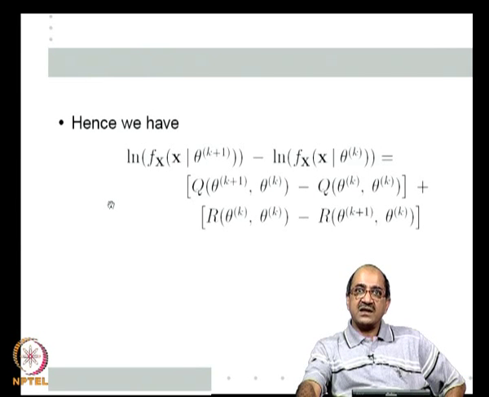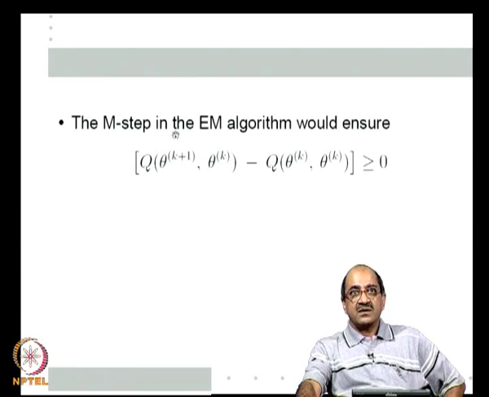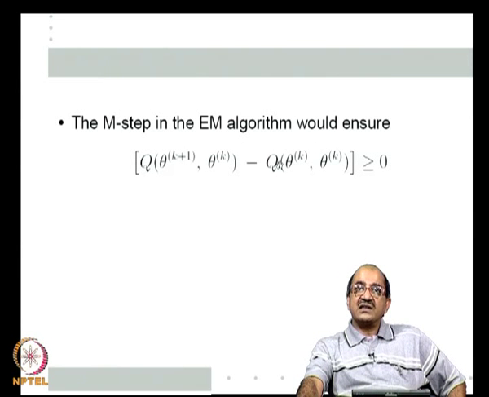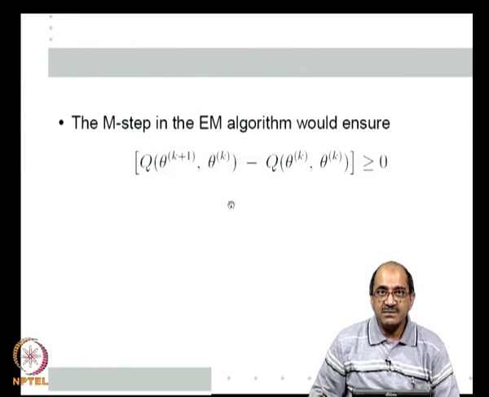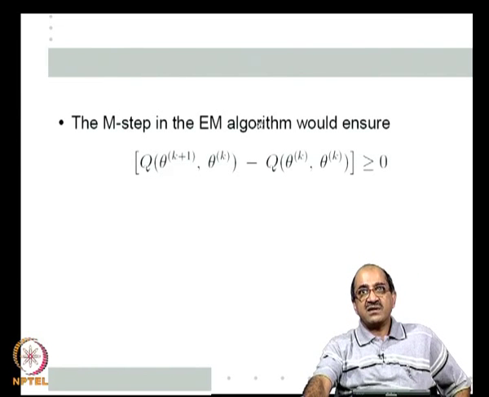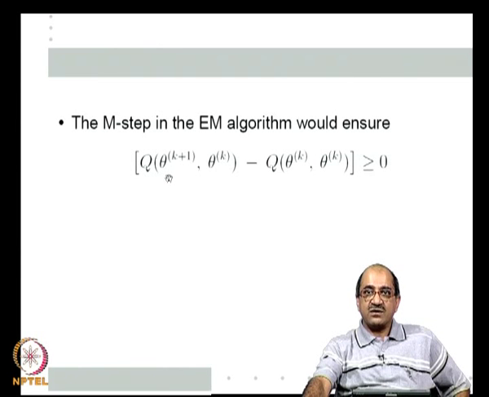Why are both terms greater than or equal to 0? The M step of the EM algorithm is maximizing q theta theta k over theta, and by that maximization it came to the value theta k plus 1. So, obviously, the M step will ensure that q theta k plus 1 theta k is greater than q theta k theta k. Here we think of theta k as any other value. So, in the function q theta comma theta k, if I put theta equal to theta k plus 1, I should get the maximum value.